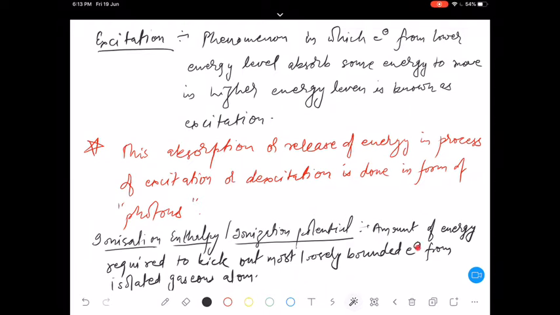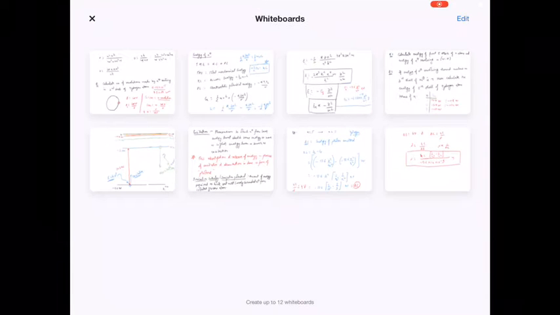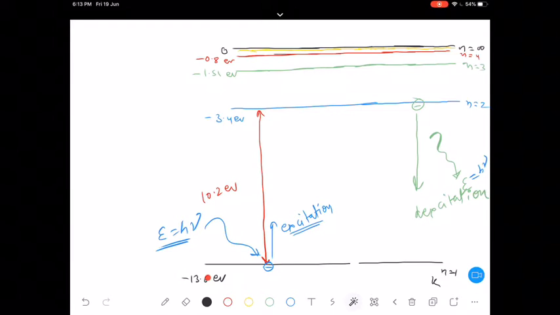Right now what we need to understand is that the most loosely bounded electron from an isolated gaseous atom means the electron present here, from this ground state, in the lowest energy level. Because for hydrogen or hydrogen-like species, only one electron will be there.